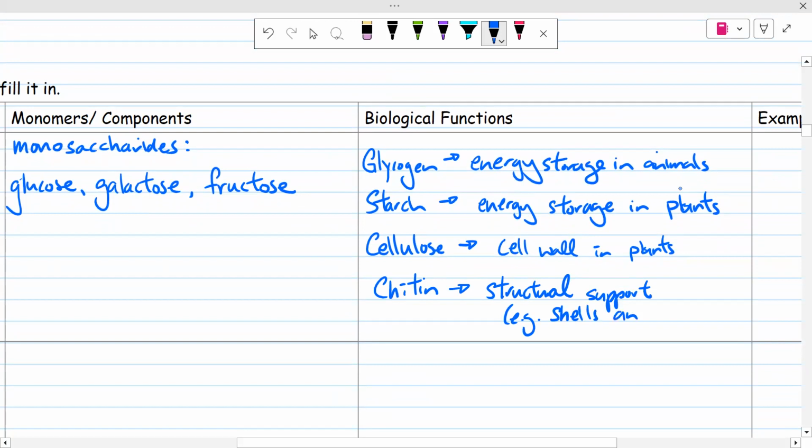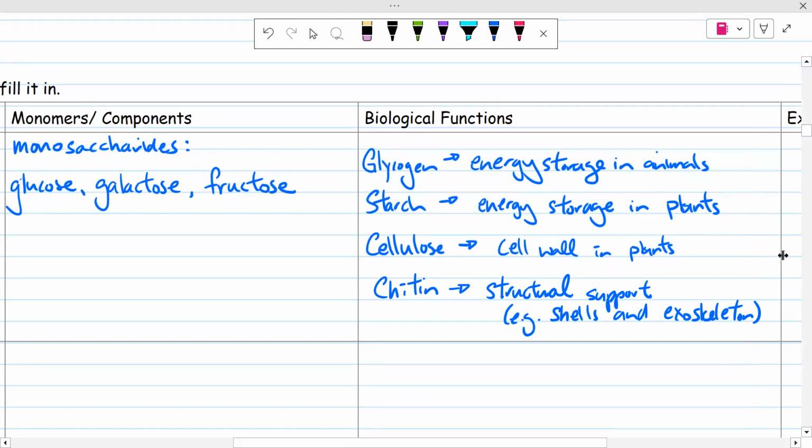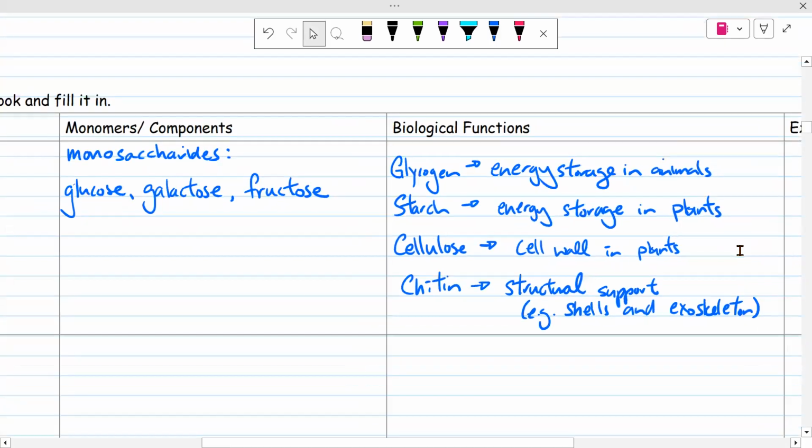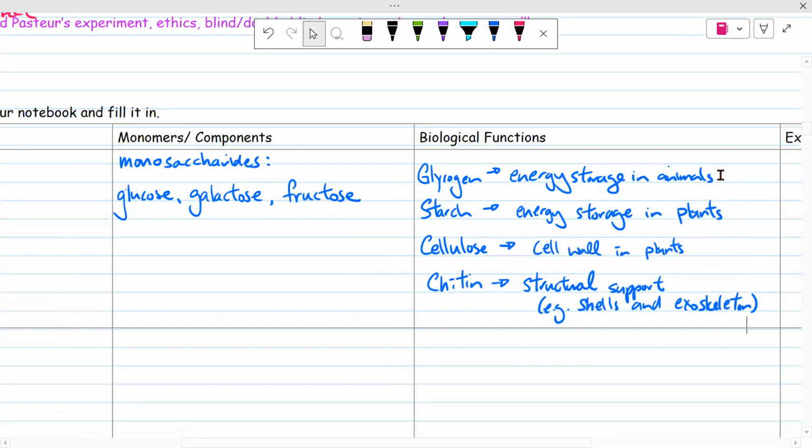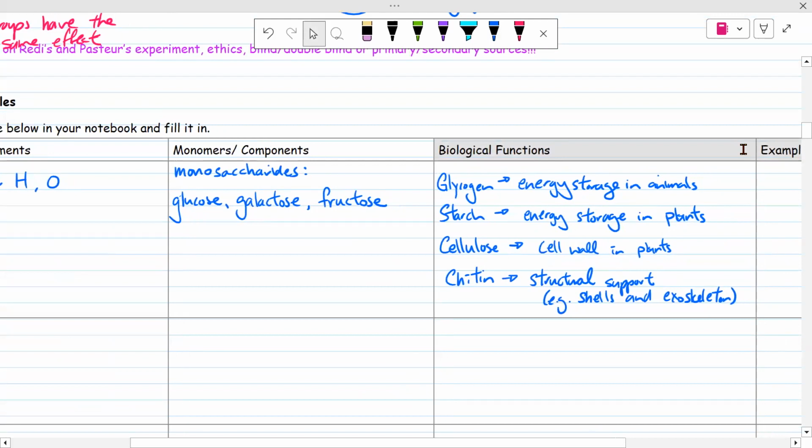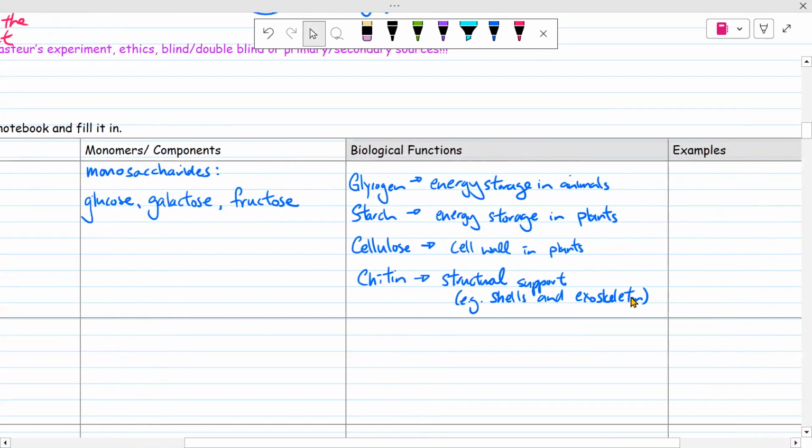Shells and exoskeleton. So yeah, I'm just joining the last two columns together, okay?